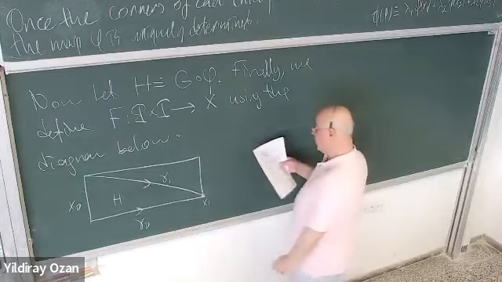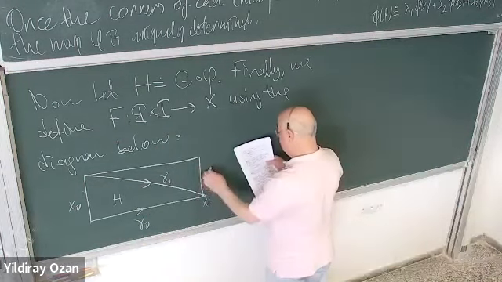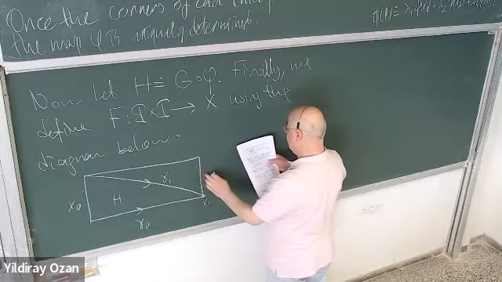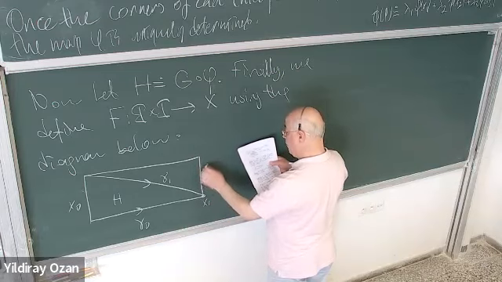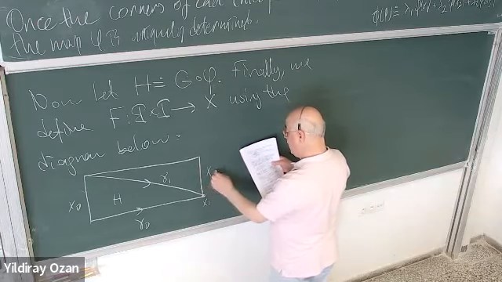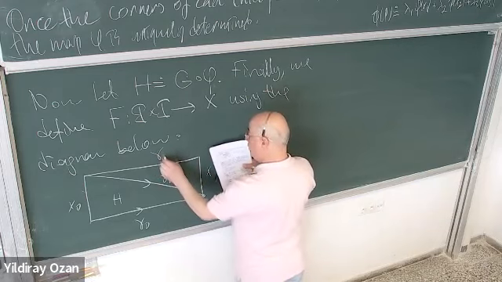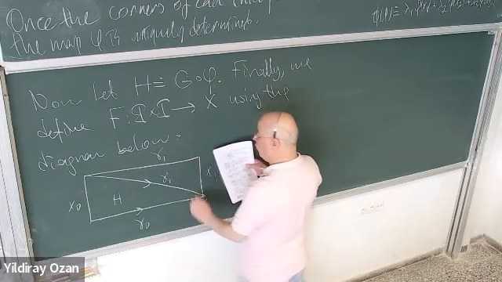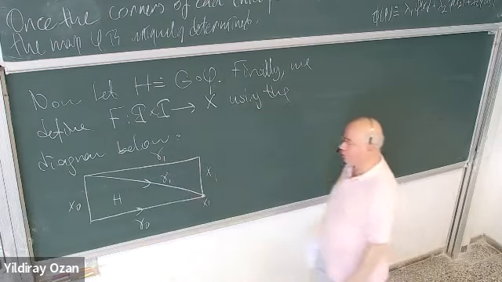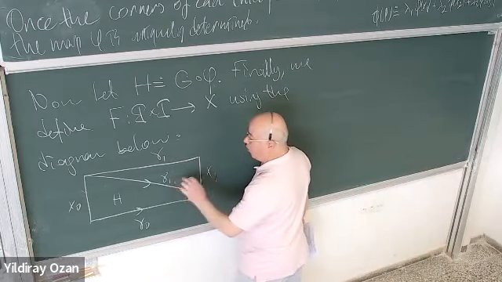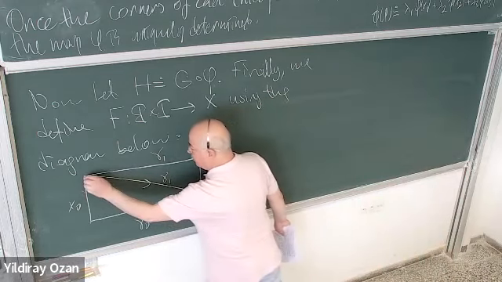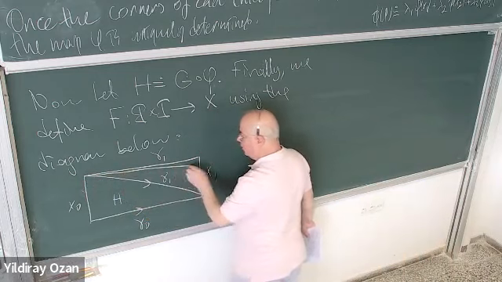But then we do the following. We just define our map to be x1 on this edge and gamma 1 on this edge. Actually, it is gamma 1 on each of these lines.